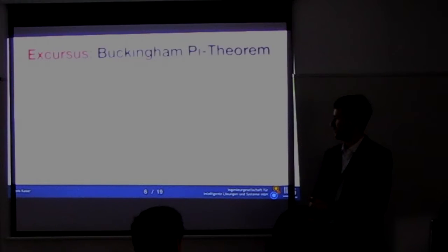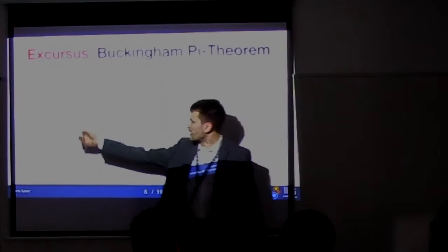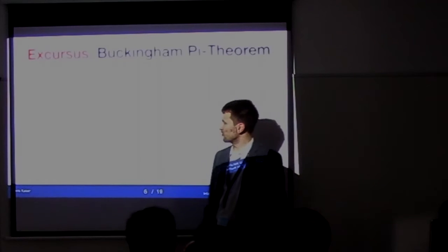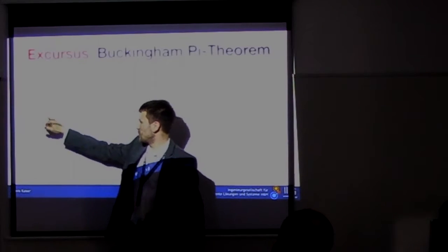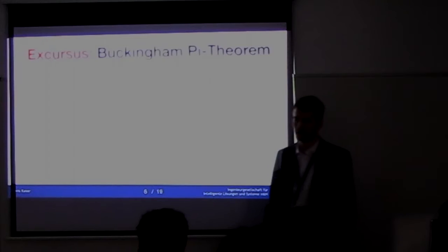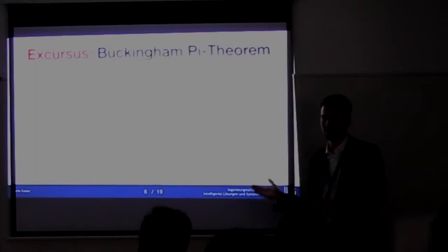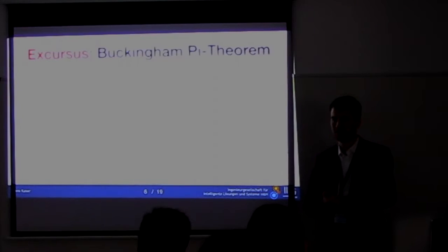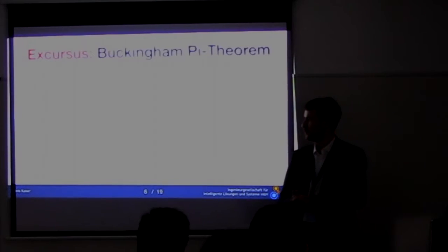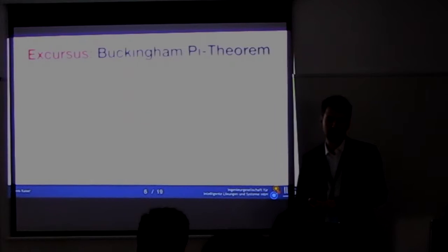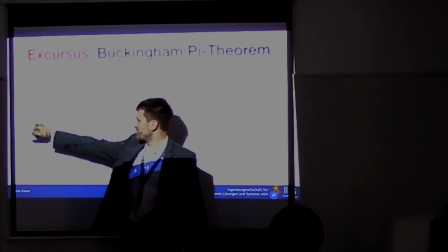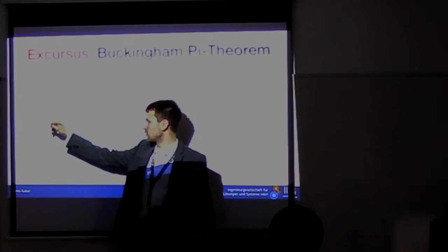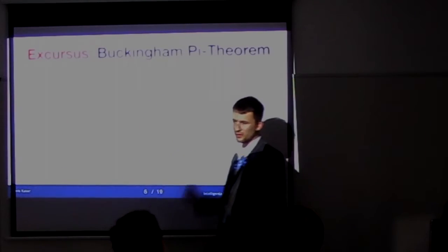It basically says that if you have a dimensionlessly homogeneous function, small f, which is dependent on the values small x1 to xn, so we have n variables that it is dependent on. Then there also exists a dimensionless function, which is written with big F, which is dependent on pi 1 to pi m.